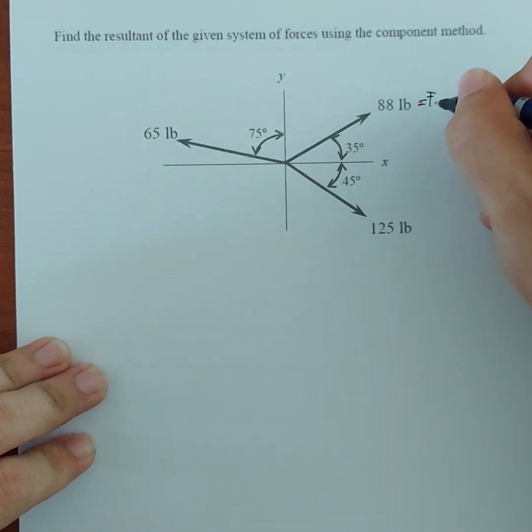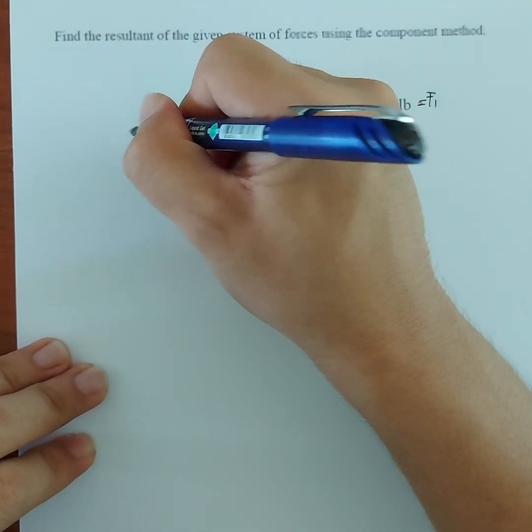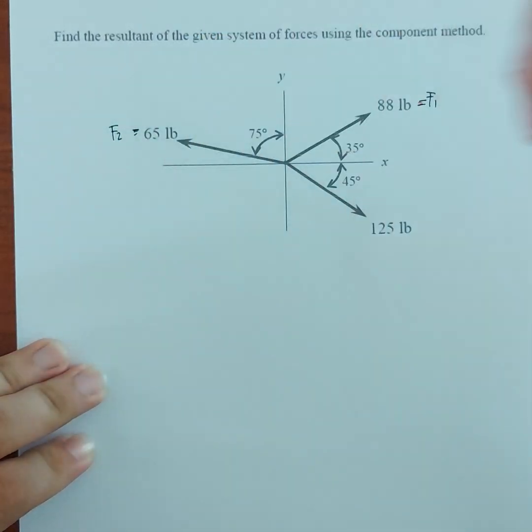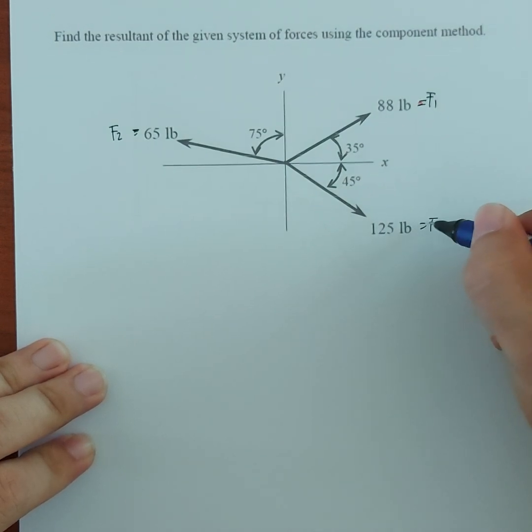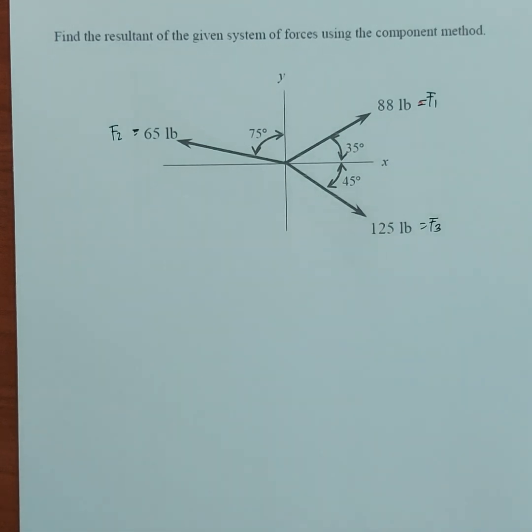This should be F1. Lagyan ng pangalan. And this is F2. And this is F3. Pwede namang hindi nalagyan ng pangalan. You can not name each force, but I think it would be more convenient for explanation purposes. Nalagyan natin ng pangalan ng bawat force.